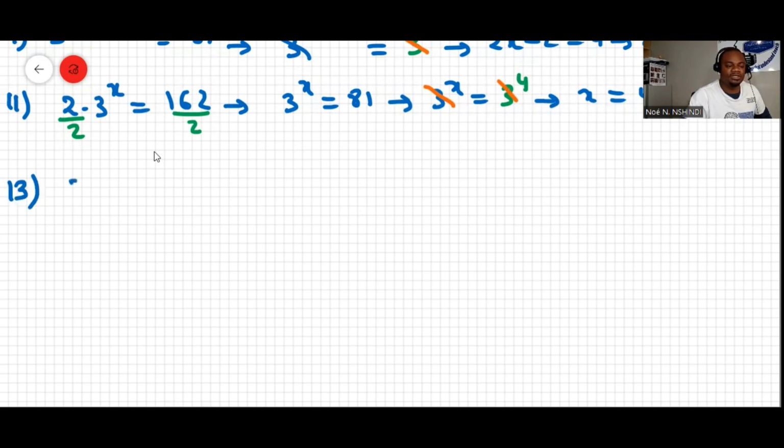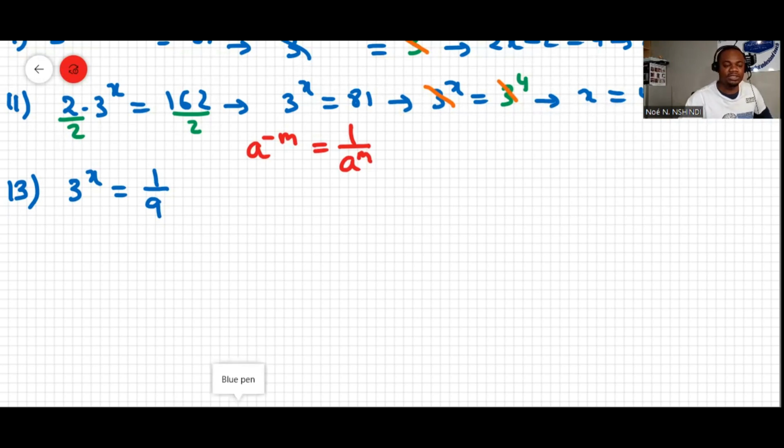Question 13 is 3 to the x equal to 1 over 9. Over here, we can apply this law of exponents that says a to the negative m equals 1 over a to the m. Now remember that those laws are useful from left to right as well as from right to left.